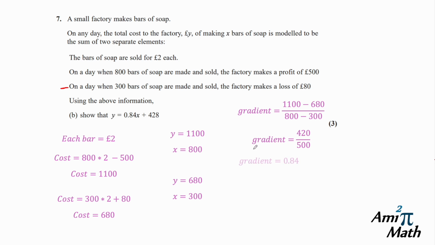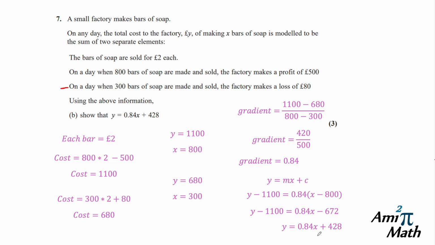That gives you this, which can be further simplified into 0.84. Then we use our general line equation y equals mx plus c, which we said in the original question is the equation we're going to use. So you just do y minus 1,100 equals 0.84 times x minus 800, expand that, and you get y equals 0.84x plus 428.